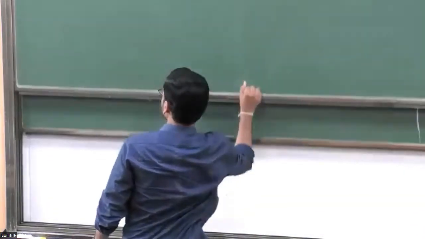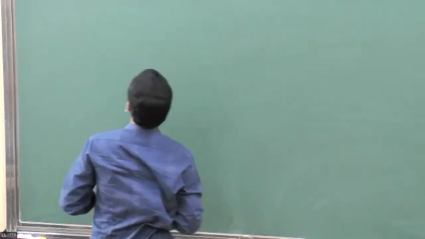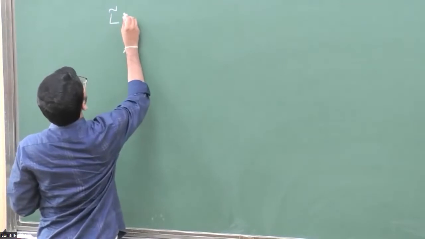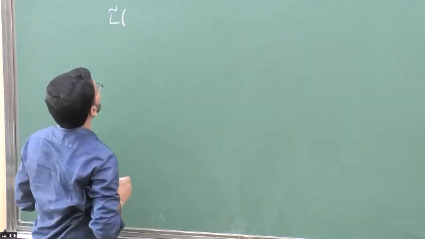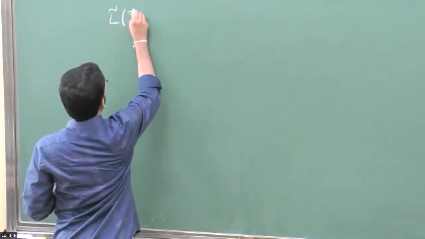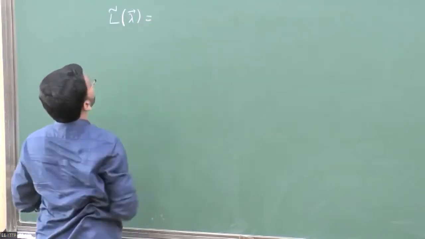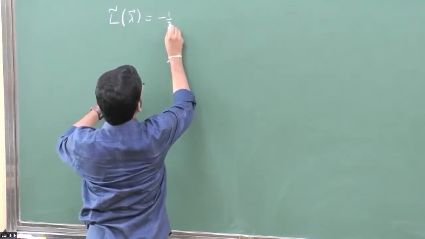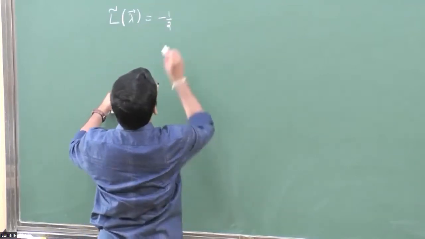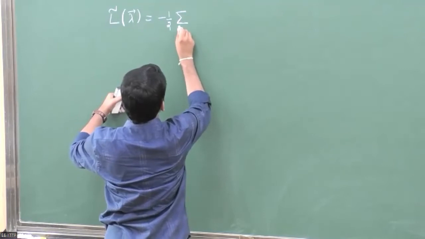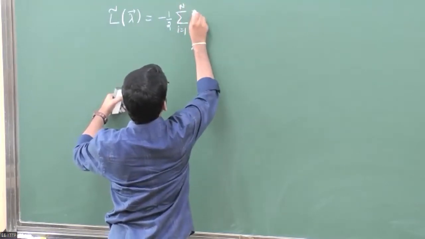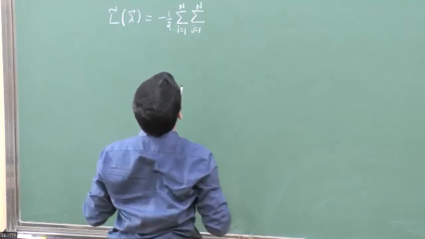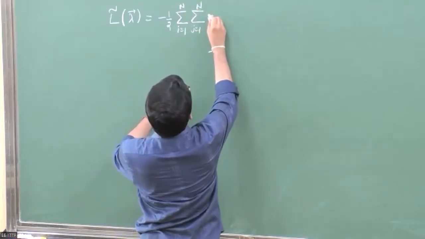So now let me call the resulting problem L tilde of lambda bar. Now I am getting it simply in terms of lambda bar, my problem. So what is the result of that? I have 1 minus 1 by 2 into summation, i varying from 1 to n, j varying from 1 to n, then what?